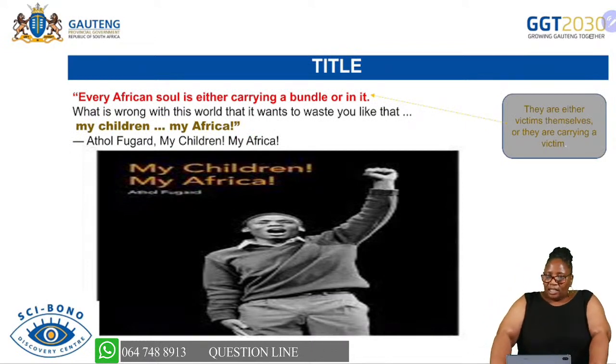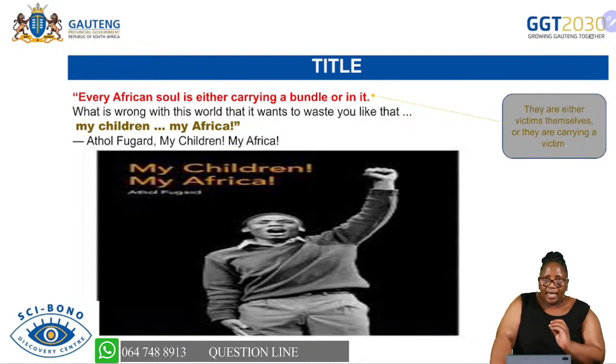Our title or our agenda that we are going to focus on this afternoon is My Children, My Africa. Mr. M, in one of his monologues, utters these words, and Athol Fugard, who is the playwright, wrote these words.